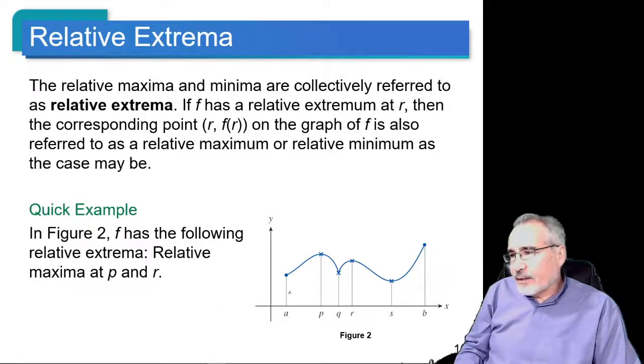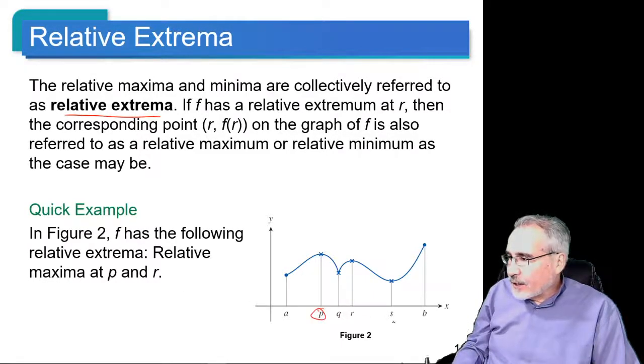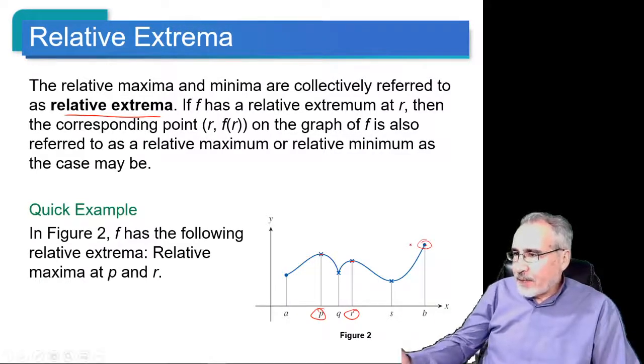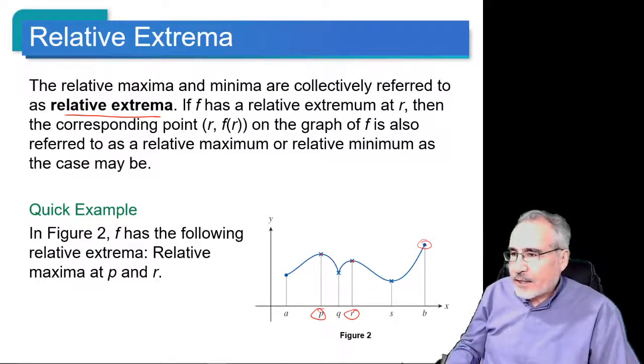Okay, so then we come back to our example, and looking at relative extrema, we see that P and R we would identify as relative maximums. We could also call B a relative maximum, but we're also going to see that it's got a special name because it is the largest. It is going to be our absolute maximum.